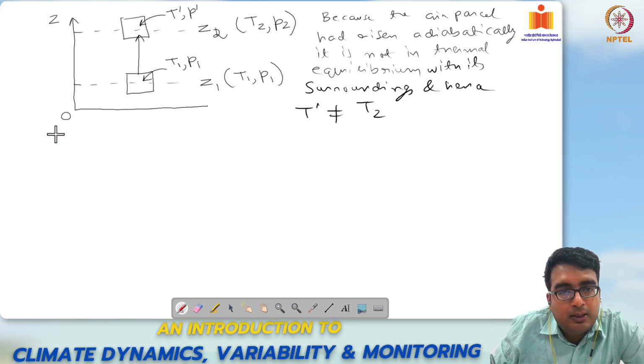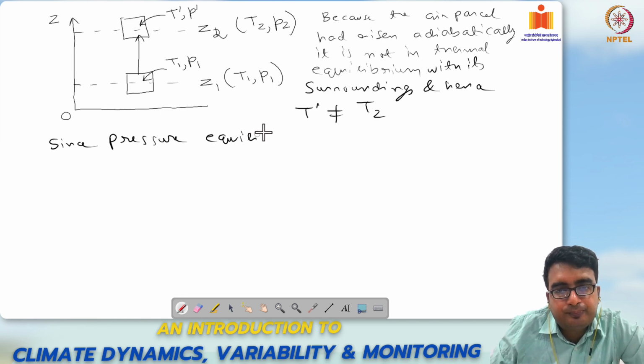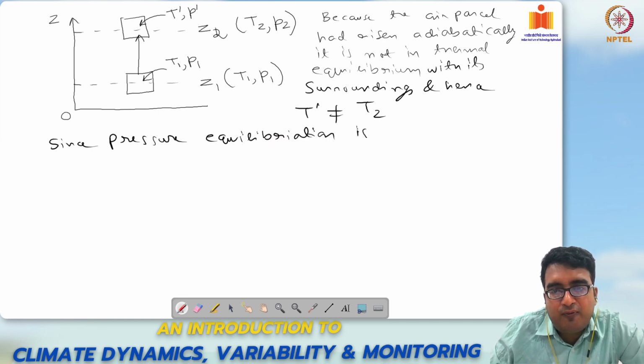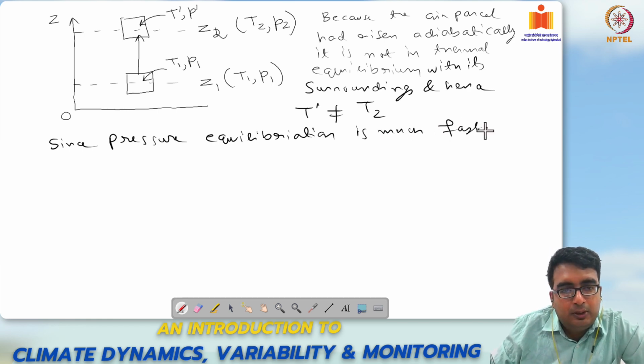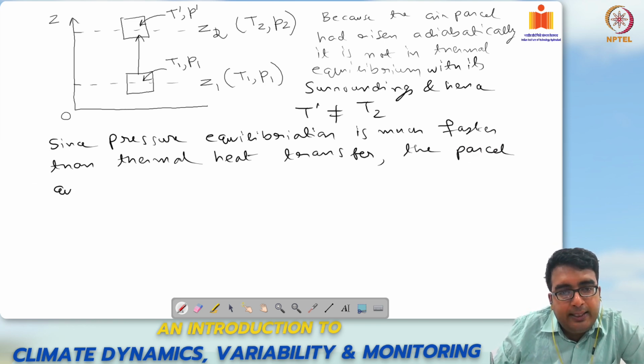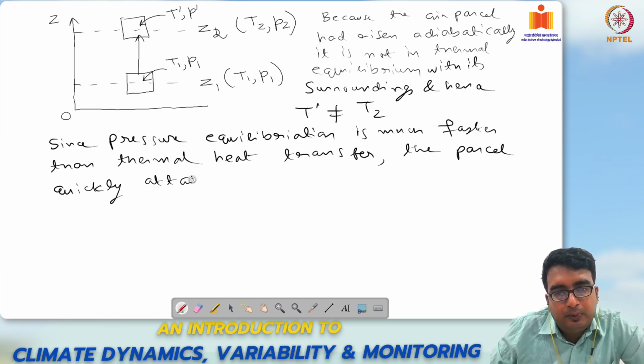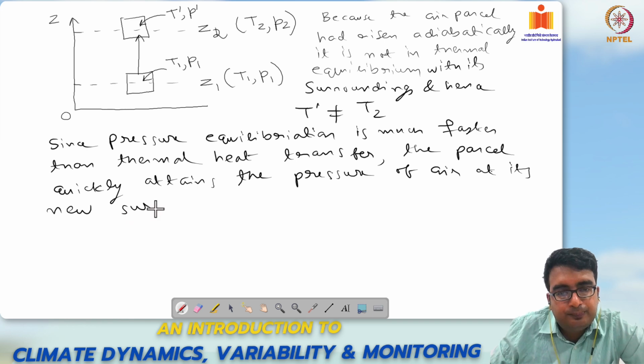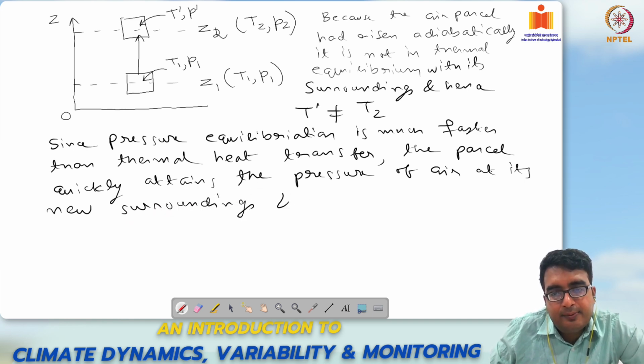So since pressure equilibration is much faster than thermal heat transfer, the parcel quickly attains the pressure of air at its new surroundings, and hence P prime is equal to P2.